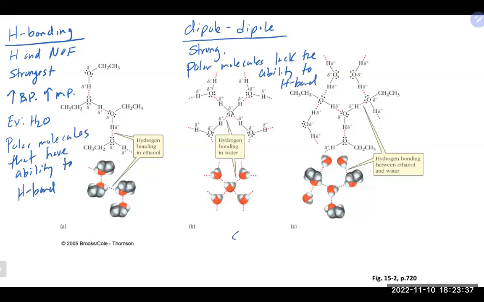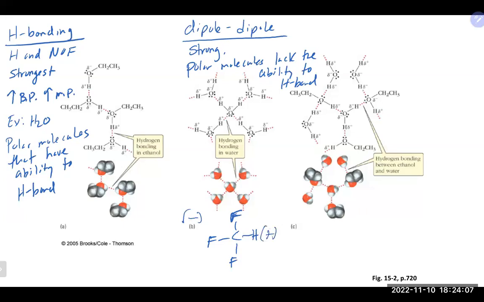So for example, I'll just randomly draw something here. Say we had something like this. I won't draw all the electrons. But this would be a polar molecule, right? It has a symmetrical geometry, but we don't have everything the same attached. The fluorine is more electronegative, so near the fluorine side of the molecule it is more negative, and near the carbon hydrogen, which is nonpolar, it is more positive.